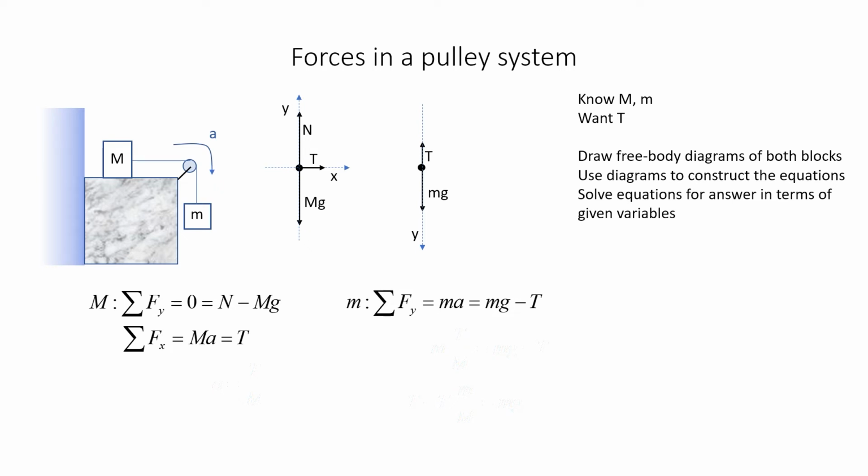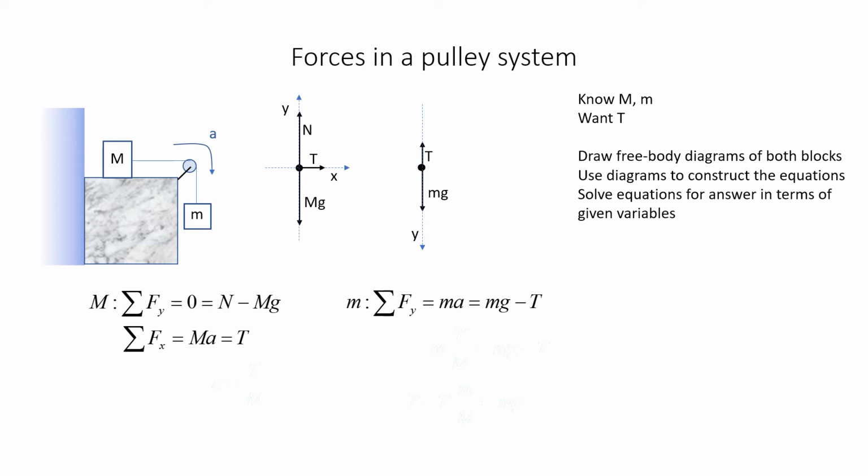Now I want to take a look at these equations and see if I have enough to solve for the variables that I want. I have two known variables, both masses. I want the tension, and I can see that my equations include the acceleration and the tension in the x equation for the capital M and for the y equation for the small m.